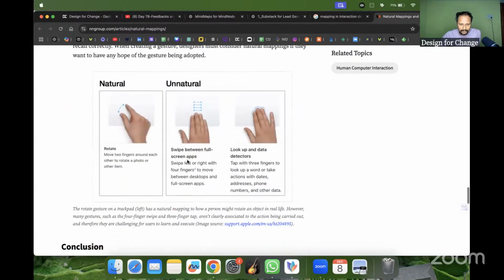Okay. Look at this. Natural mapping. How? Move two fingers around to rotate a photo or an item, right? Imagine the fan knob. The fan knob is to rotate, right? So we are getting a mapping for rotating in this particular direction.